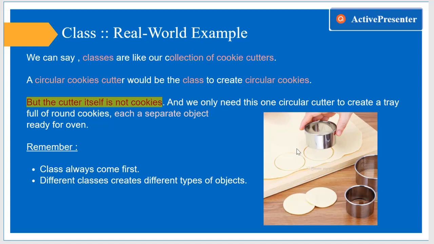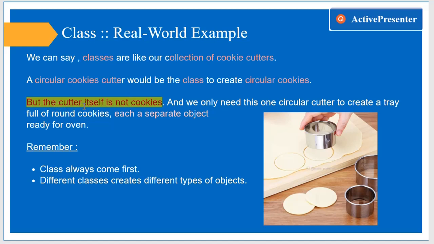Class always comes first, and different classes create different types of objects. If there is a heart shaped cookie cutter, then it can create heart shaped cookies.